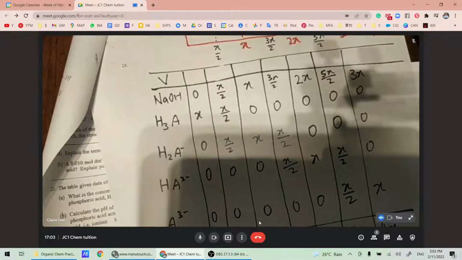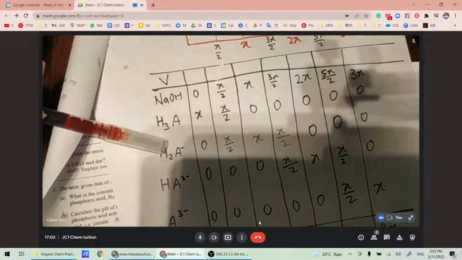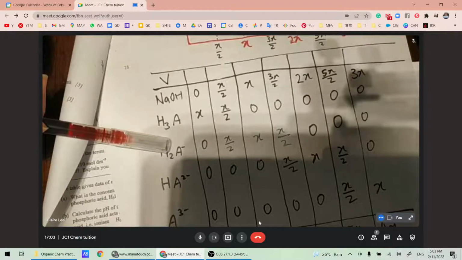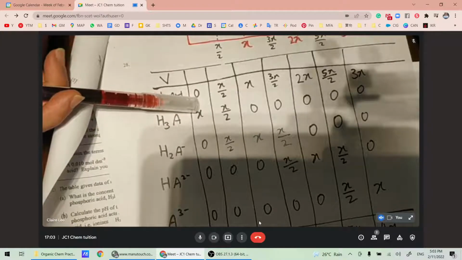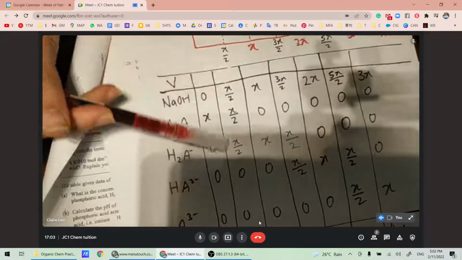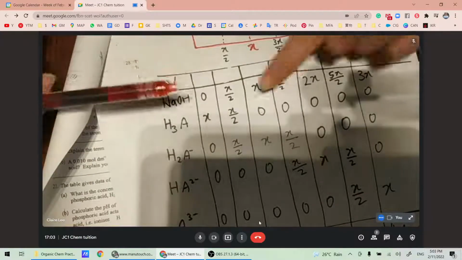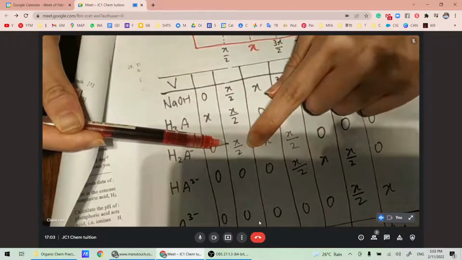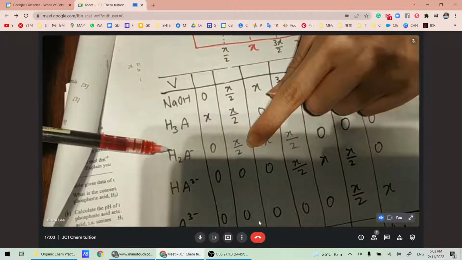So X over 2 of NaOH used will use up X over 2 of the H3A and produce X over 2 of the H2A-. Remember I told you all the acid has to be removed 1 mole by 1 mole of H+. So this X over 2 added to H3A will be converted to the H2A-.